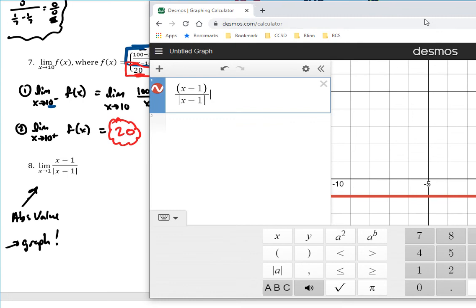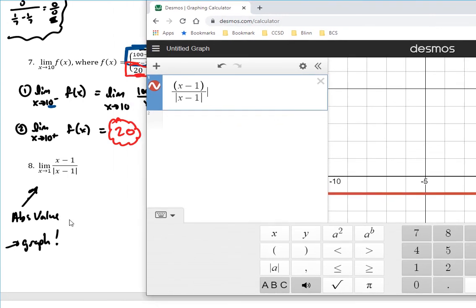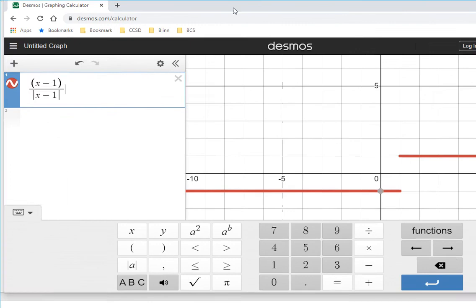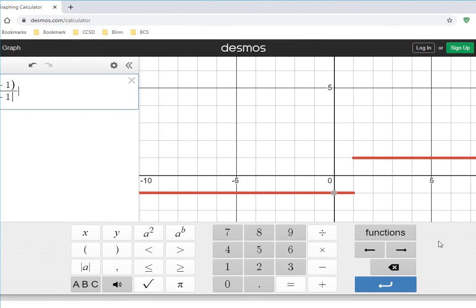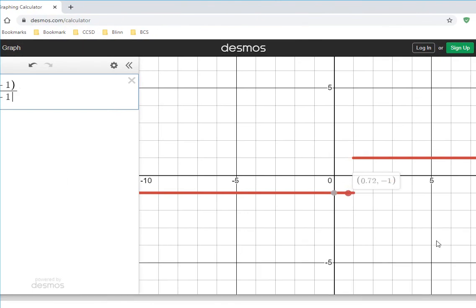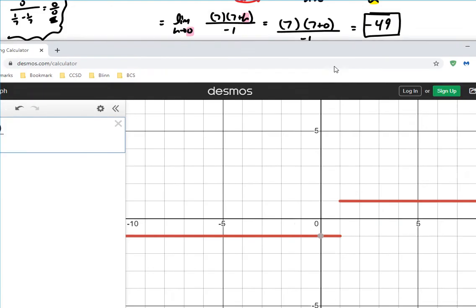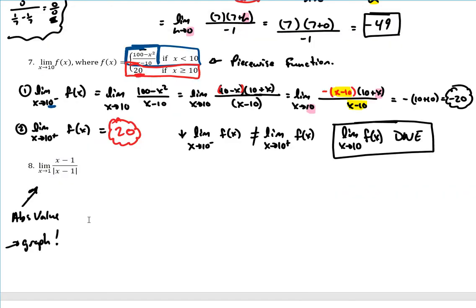And there we go. Okay, and so we can see they wanted to see when x goes to 1. Well, look at this. From the left, it looks like it's going to negative 1. From the right, it's going to what looks like positive 1. So because the left side limit and the right side limit are not equal, we know that this limit does not exist. Okay, so that one's nice to just plug in.